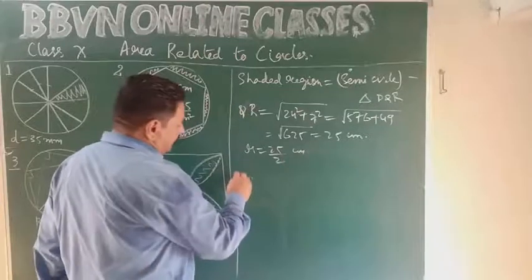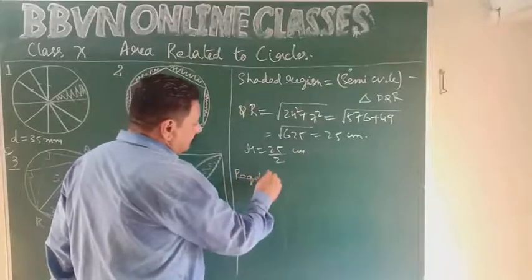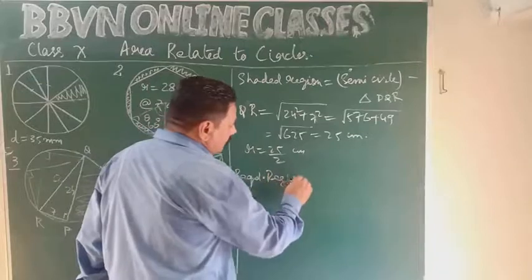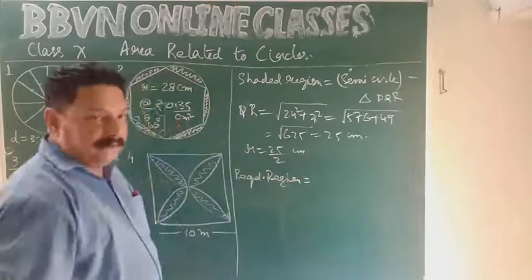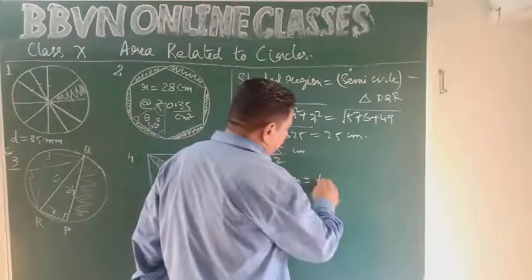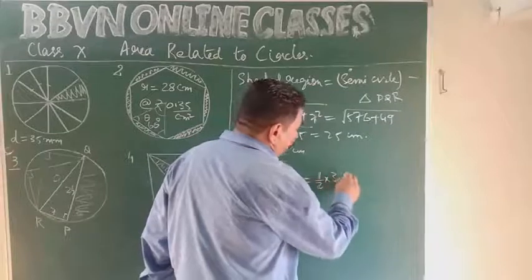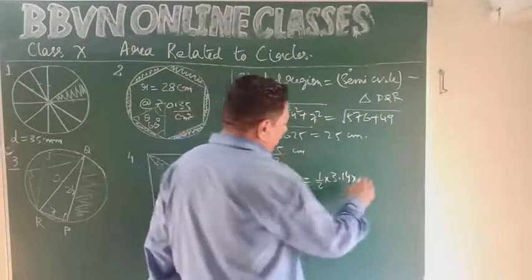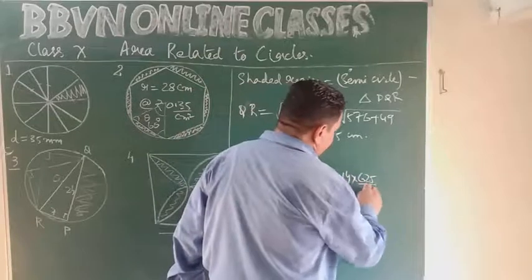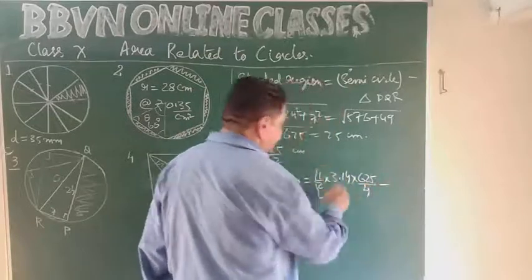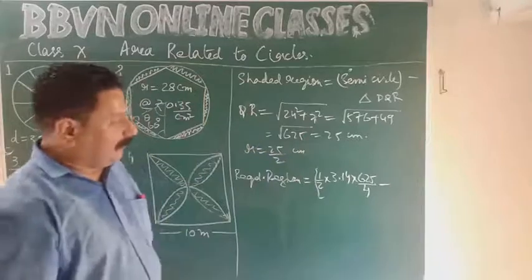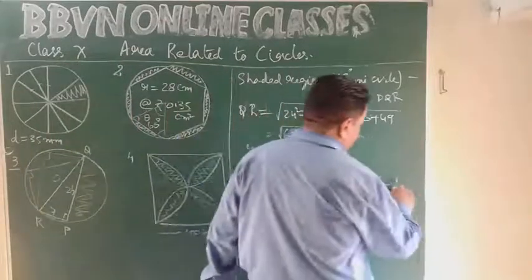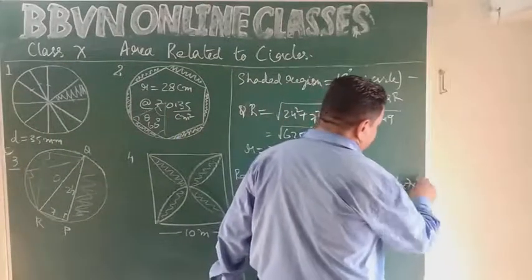Now the shaded region, the required region. Area of semicircle, half pi r square. Half into, I can take pi as 3.14, r square, that is 25 by 2 whole square, 625 by 4, minus the area of the right triangle. So half into base into height, 7 into 24.